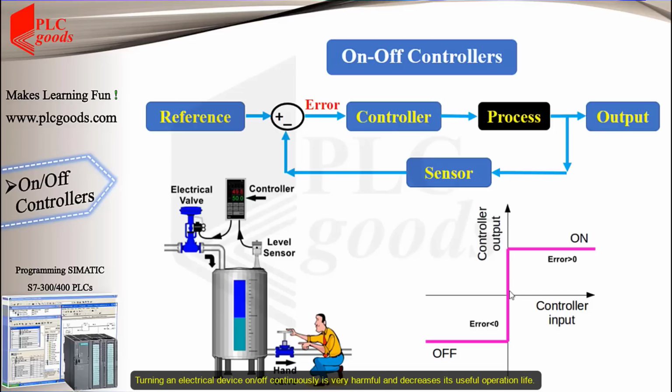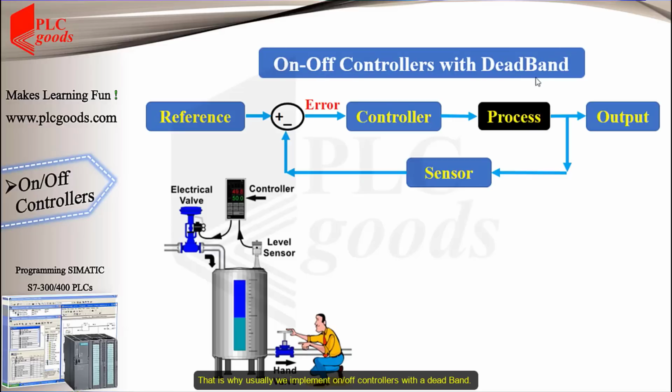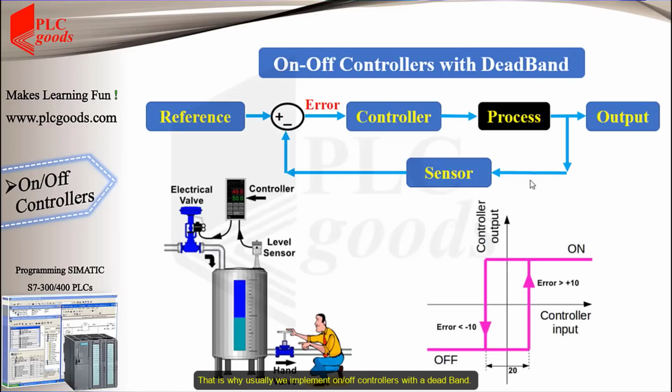Turning an electrical device on and off continuously is very harmful and decreases its useful operation life. That is why we usually implement on-off controllers with a deadband. Therefore, the PLC didn't have to try to keep the water level at a certain level.